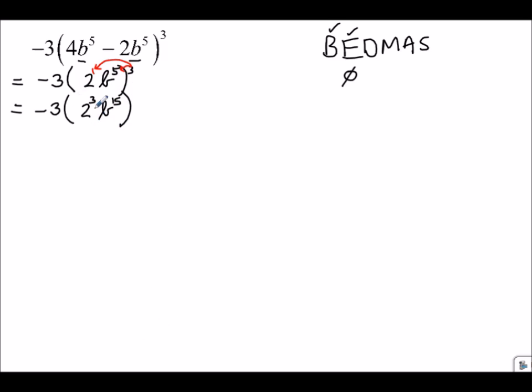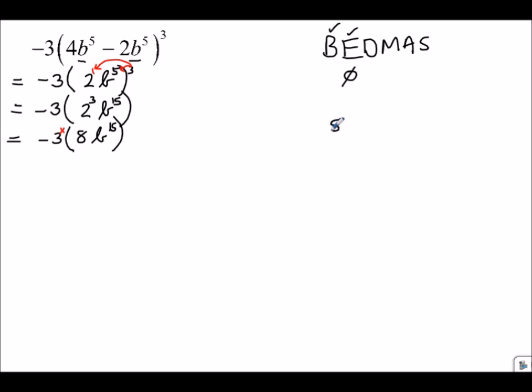I'm first going to simplify that. So I have negative 3. 2 cubed is 2 multiplied by 2 multiplied by 2, which is 8. B to the 15. Remember, there's an invisible multiplication sign there, or we can see it as distribution to one term.